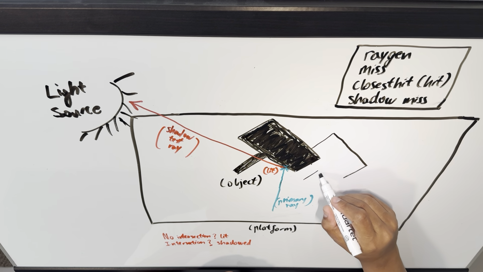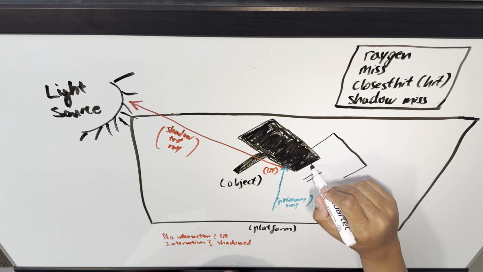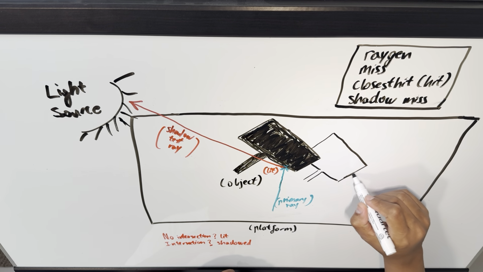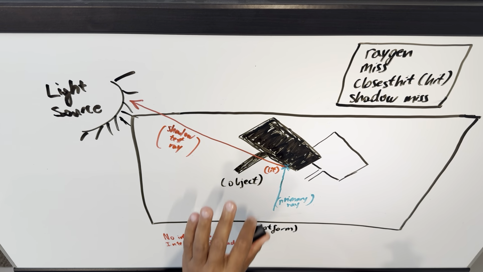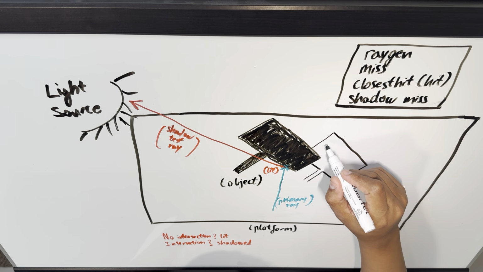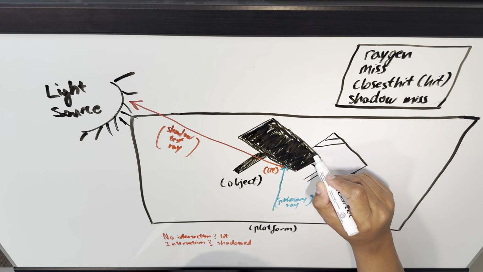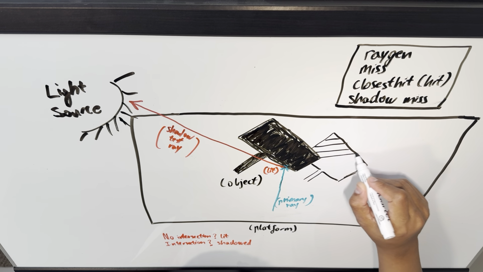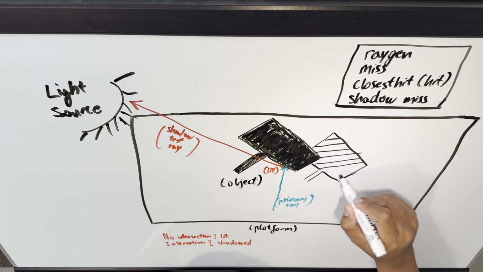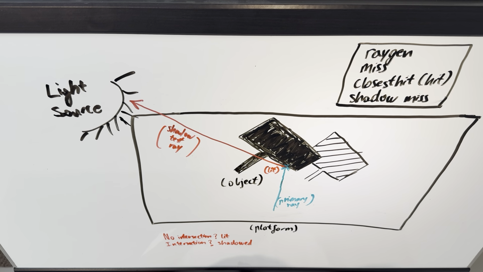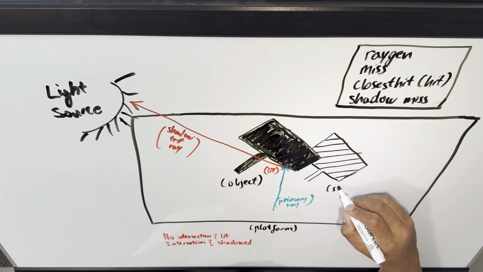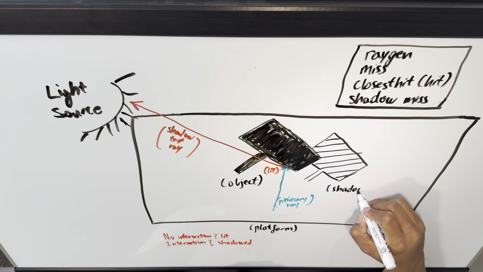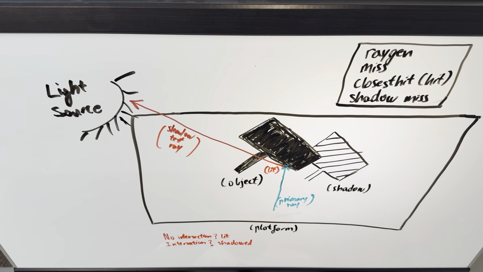But just think of this guy as being behind. This is the shadow, right? So this is all behind the object, right?